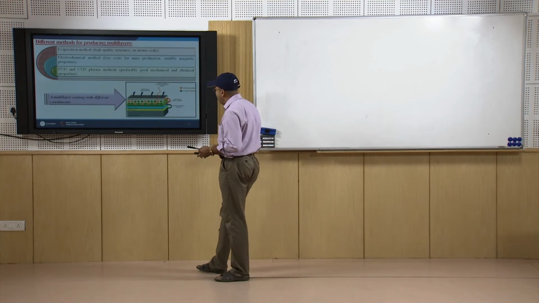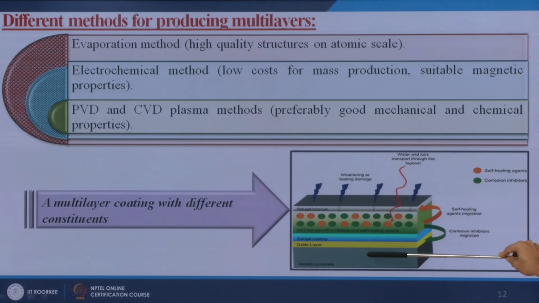It is an example where I have the metallic substrate, on top of that I have put the oxide layer, on top of that some kind of sol gel coating, then sol gel with inhibitors and self healing agents which can act as corrosion inhibitors, then a sol gel top coat, and on top of that we are putting some kind of weathering or loading damage.